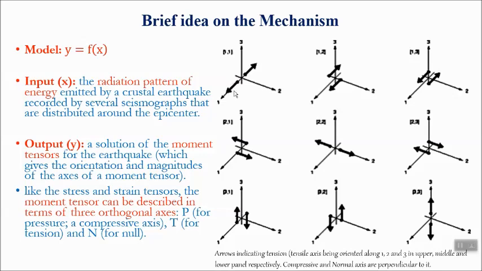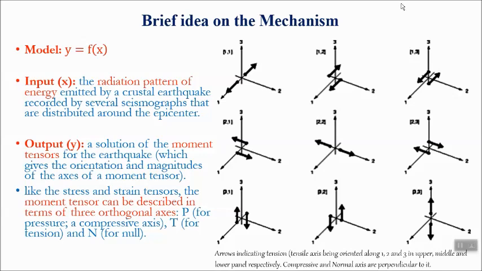So if this is the tensile axis T, then either 2 or 3 is the compressive axis, and whatever is left is the null axis: if 2 is the compressive axis, 3 is the null axis, or if 3 is the compressive axis, 2 is the null axis. Which one will be tensile, which one will be null, and which one will be compressive depends on the fault plane, what kind of movement has occurred in the fault plane, and the orientation of the fault plane.